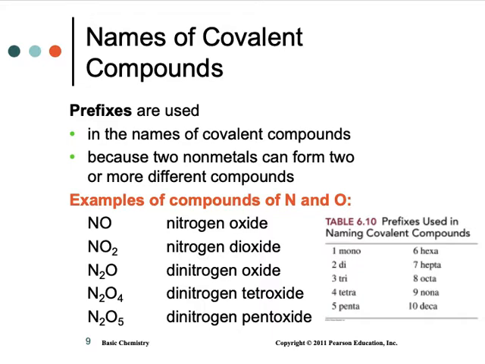But if you have a nonmetal, remember nonmetals are anything to the right of the stairs, a nonmetal with a nonmetal can form all kinds of different compounds, multiple compounds. All right, you saw that in the polyatomic ions with nitrate, nitrite. Remember, you had chlorate, perchlorate, chlorite, hypochlorite. There was 4 of those.